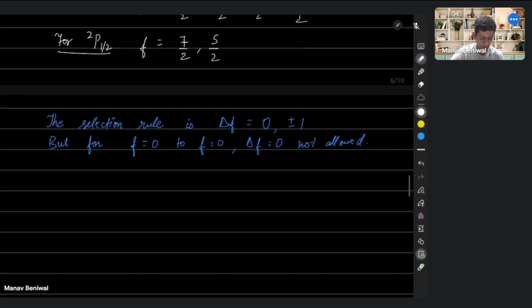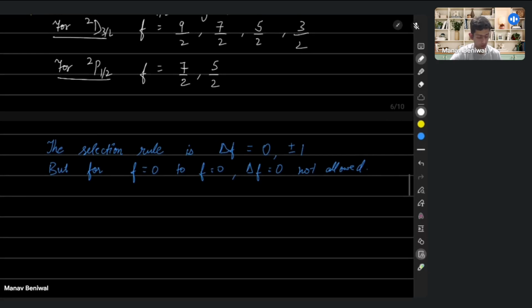Okay, so what we can do is we can draw these energy levels. Let's first draw 2D 3/2. Let's say this is the energy level, and we can have 4 components.